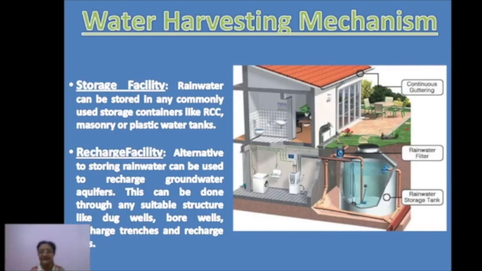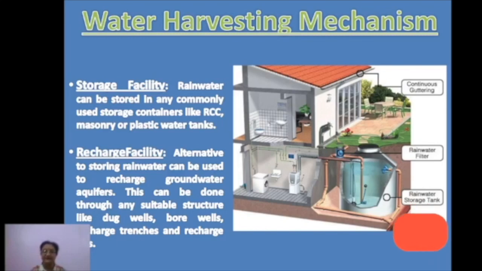The fourth step is related to the recharging of groundwater, and that is called the recharge facility. What is it now? As an alternative to storing, rainwater can be used to recharge groundwater aquifers. This can be done through any suitable structure like dug wells, bore wells, recharge trenches, recharge pits.